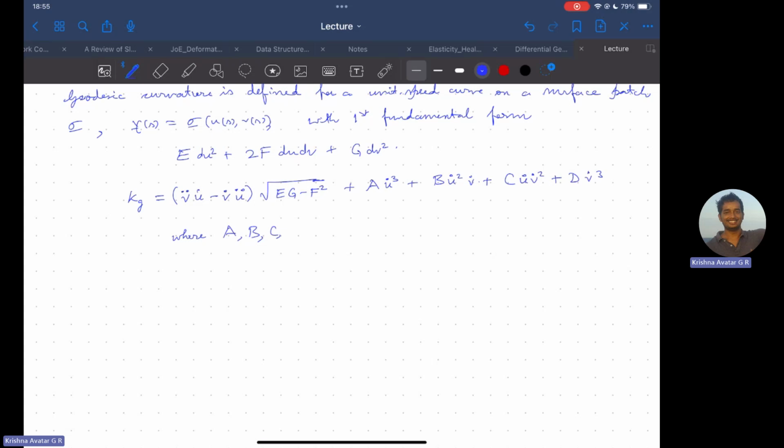Where A, B, C, and D are expressed in terms of E, F, G, and their derivatives.